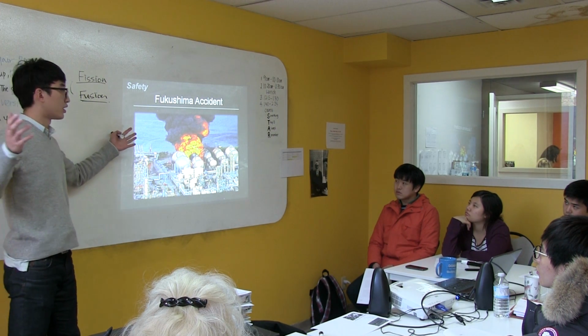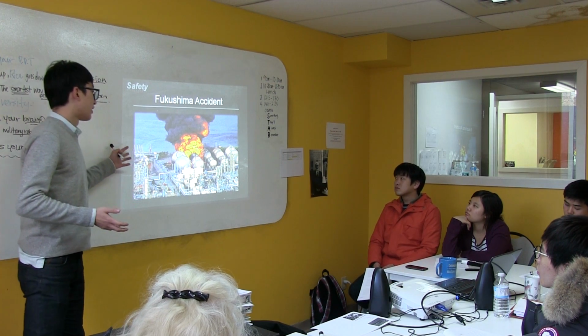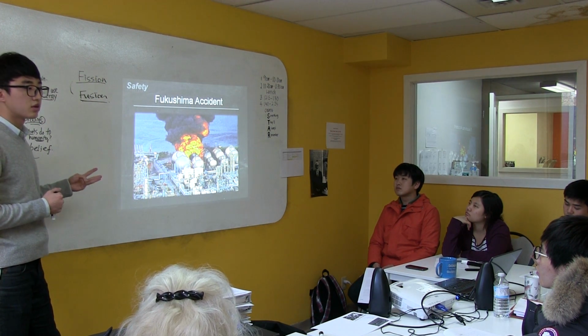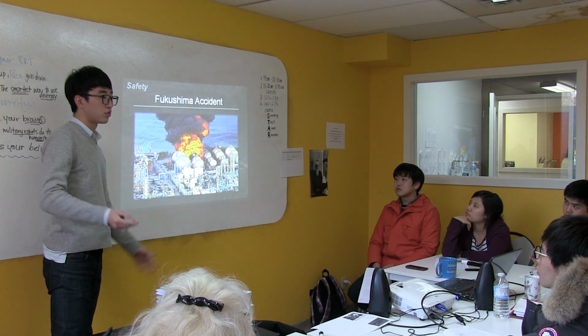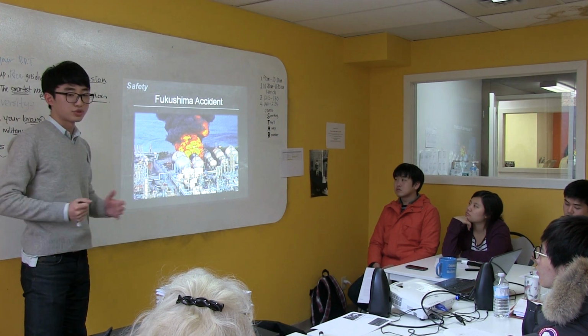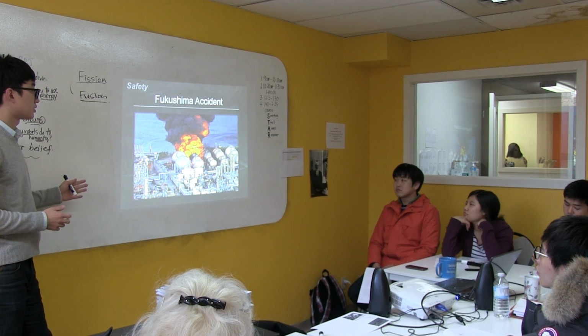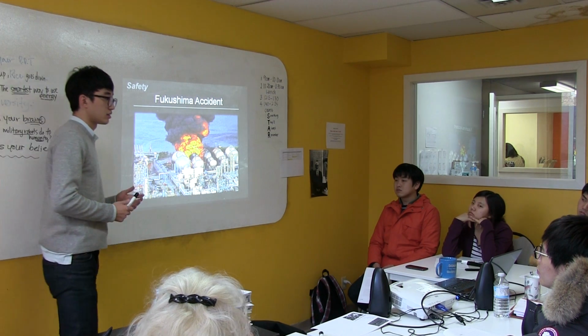The nuclear power plant was out of control. And then 2 or 3 days after the tsunami, the nuclear power plant exploded. As a result, a lot of radioactive materials were released from the nuclear power plant.